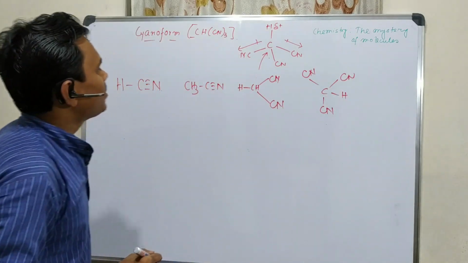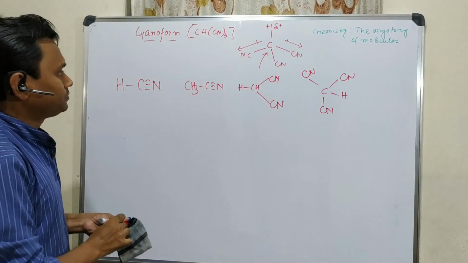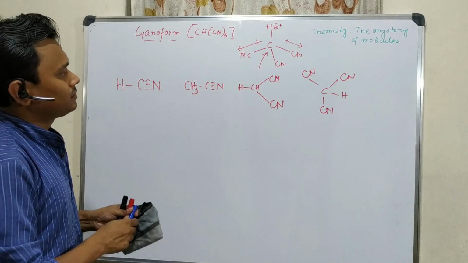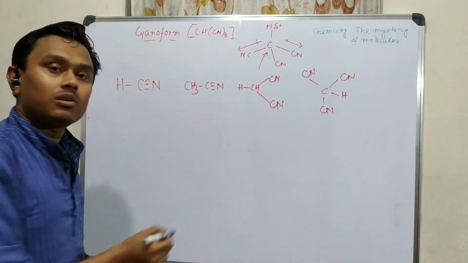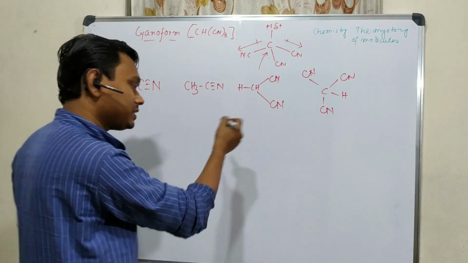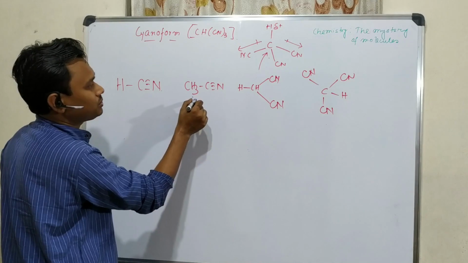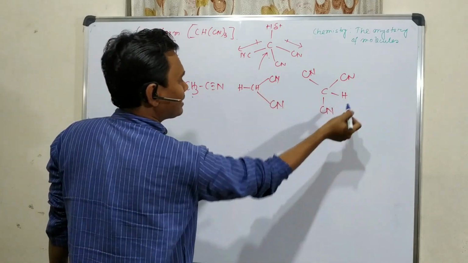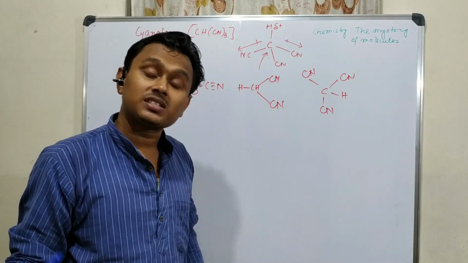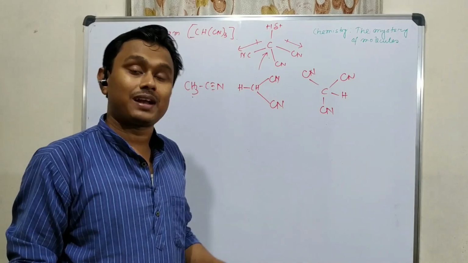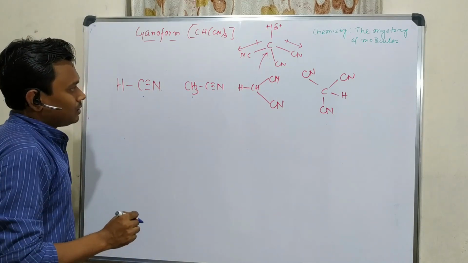Okay, now we will discuss what is the acidity order and why. You can see these are all analogous materials. Here hydrogen, here CH3, here also added cyano, another cyano. So actually we are checking the effect of increasing the number of cyano groups attached to a carbon. And this is the simplest example.